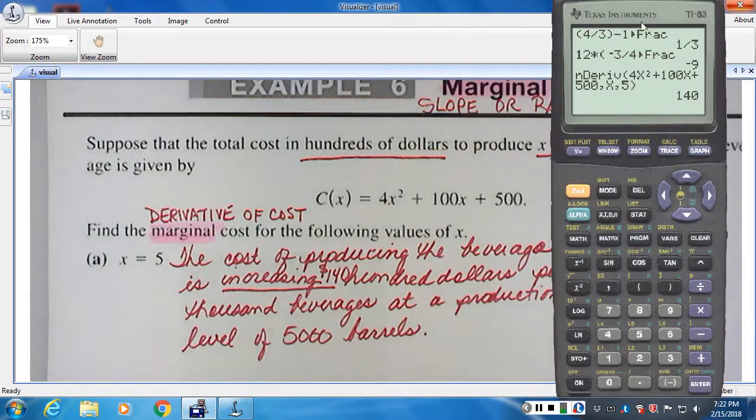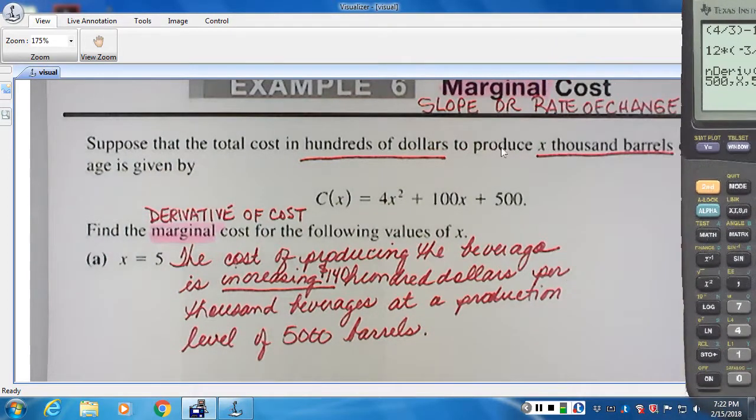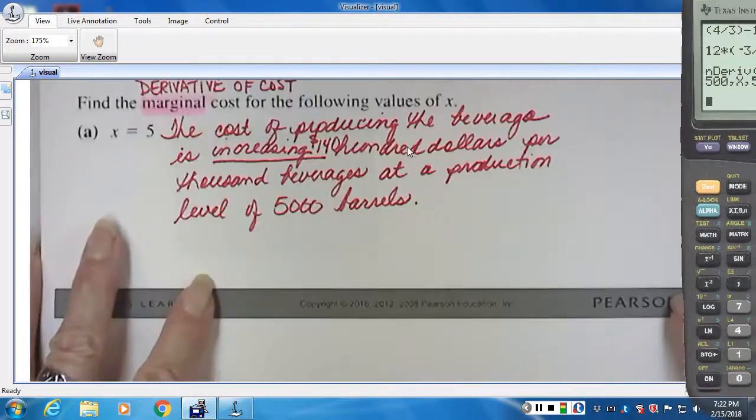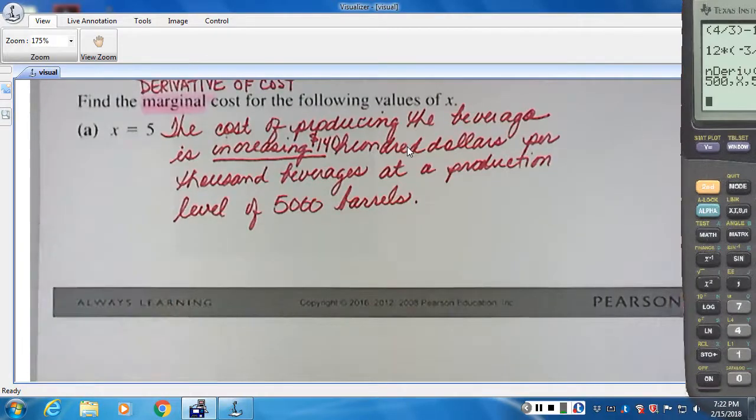Now, I'm going to move the calculator out of the way for a little bit because, you know, talking about 140, that's not something we usually do.